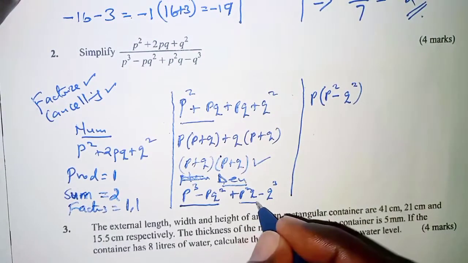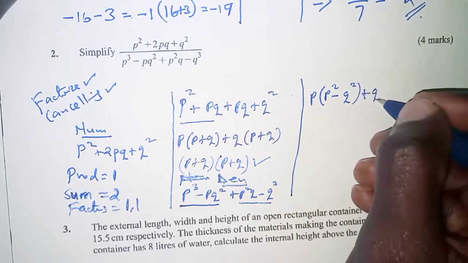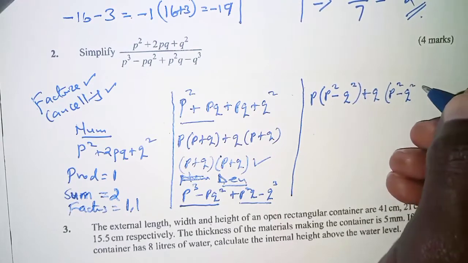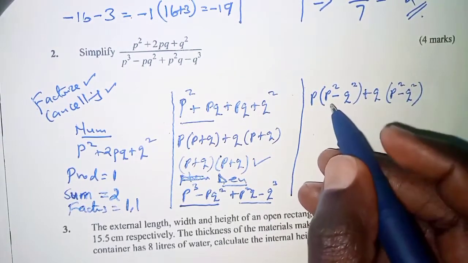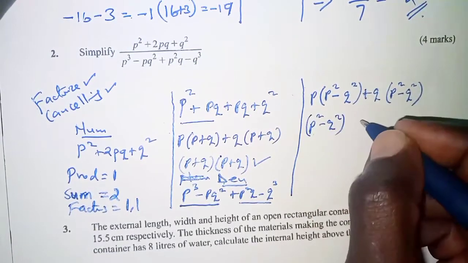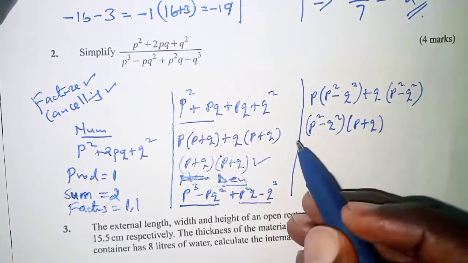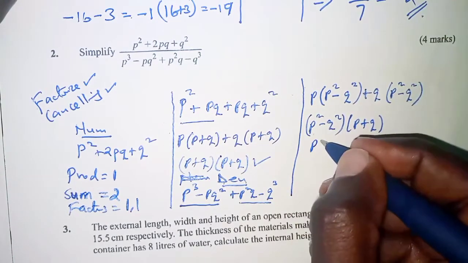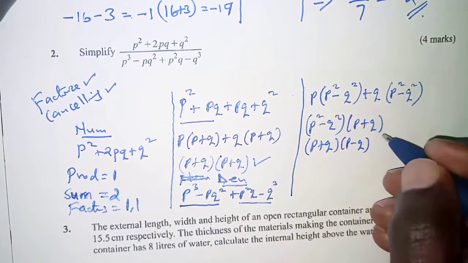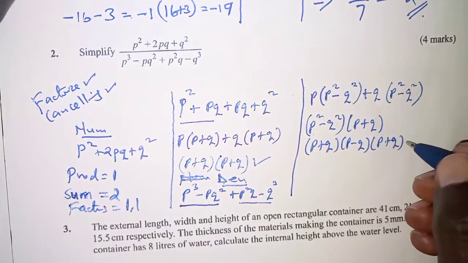And in the next one, what is common here is q, so we say plus q into p squared minus q squared. So p squared minus q squared is a common factor. We factor it out, and then in the brackets we'll have p plus q. Again, we need to note that this is a difference of two squares, so we have p plus q into p minus q, and then finally we multiply again by p plus q. So this is for the denominator.